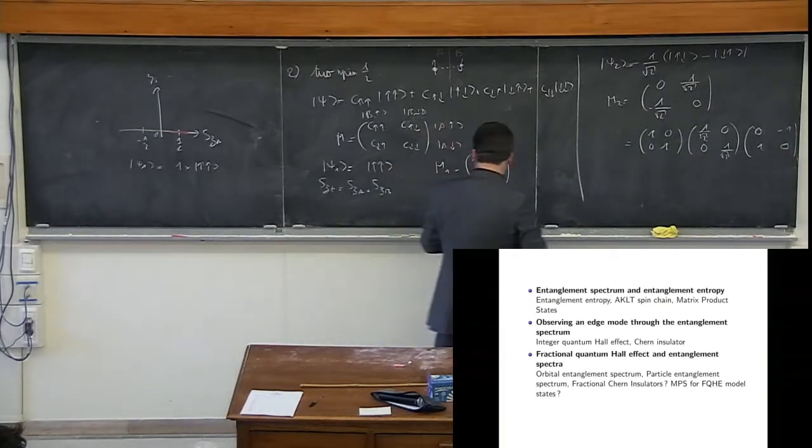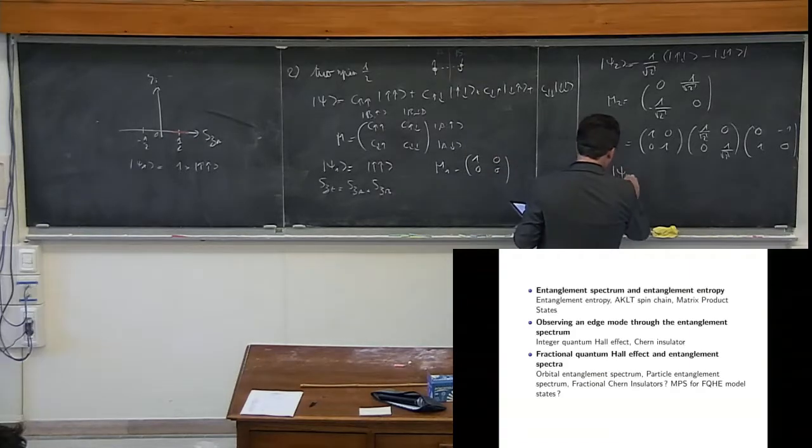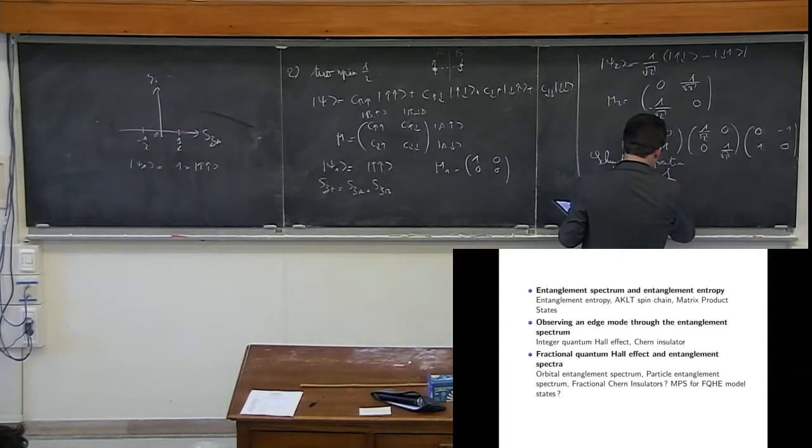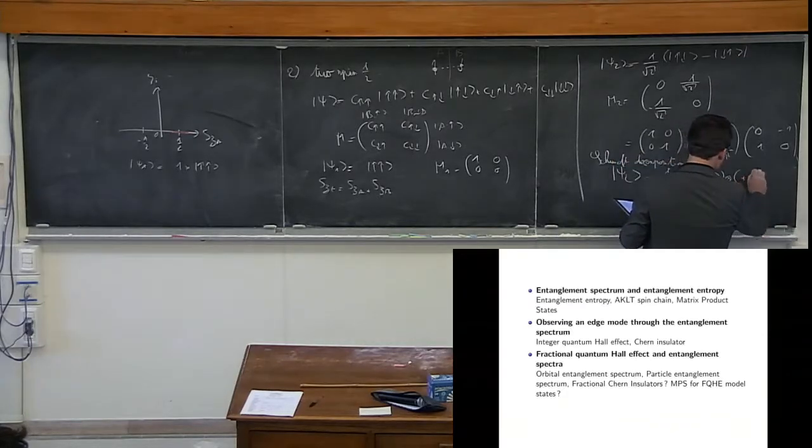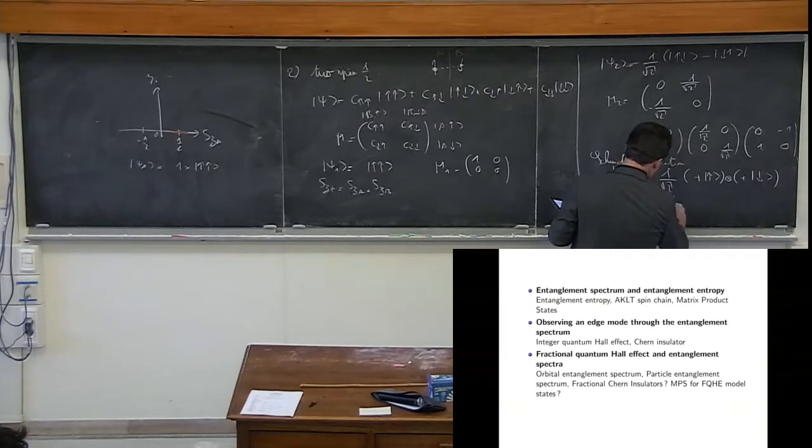So now if you look at the Schmidt decomposition of this state, you will get 1 over square root of 2, spin up plus spin down, and plus 1 over square root of 2.